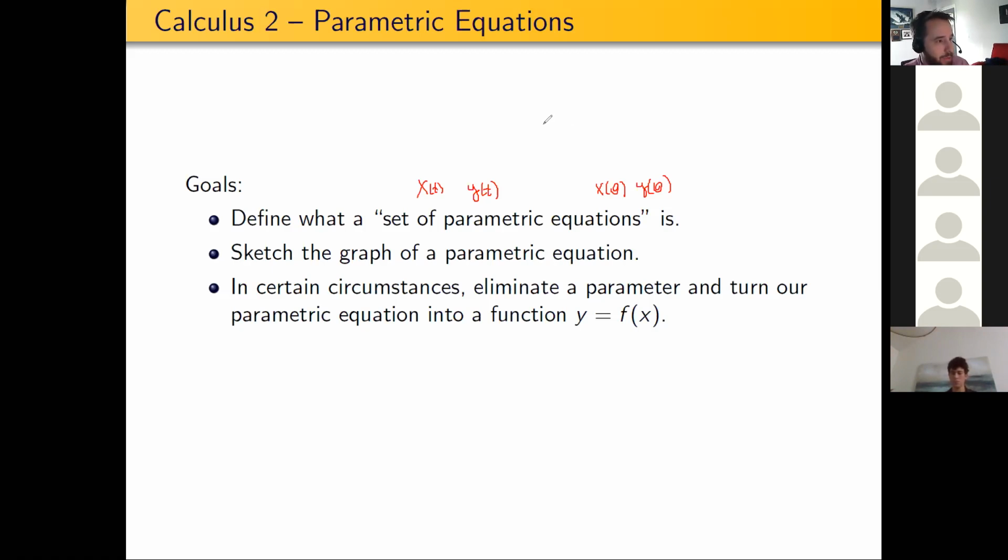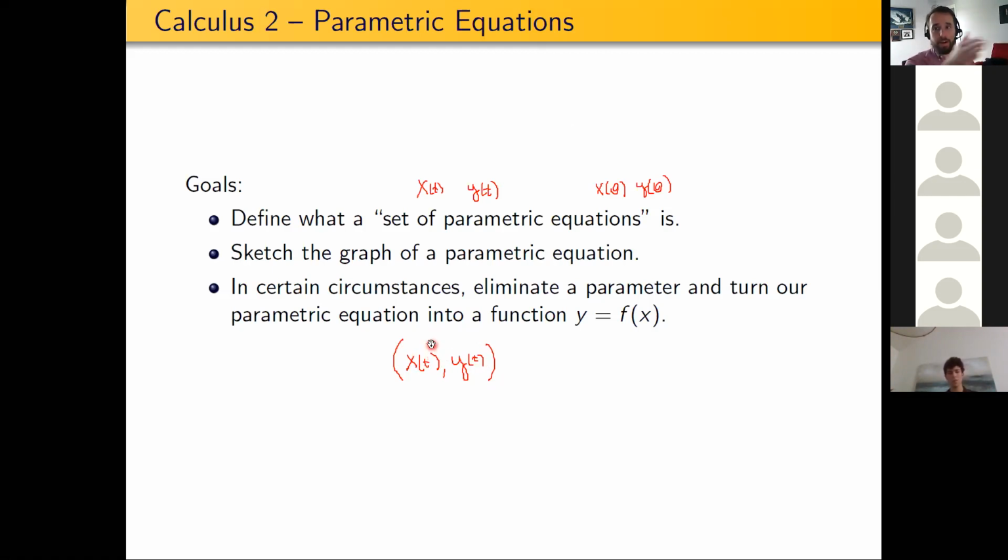If I consider a pair of these equations as a set of ordered pairs, x of t comma y of t, then for any specific t value we can calculate x of t and y of t, and the pairing gives us a point in the xy plane.